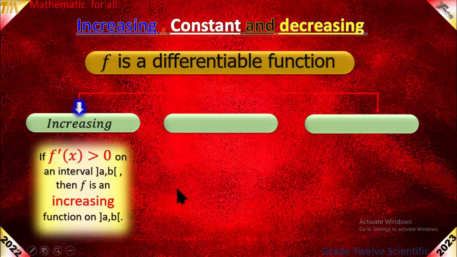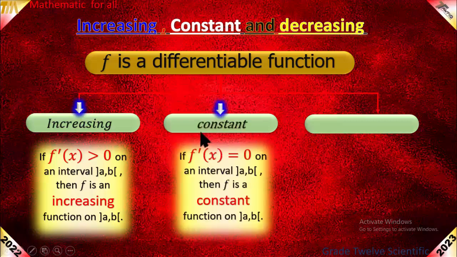That means if the derivative on this interval AB is positive, or if you see that the function is increasing on AB, and the graph of f prime of x is over the x-axis.